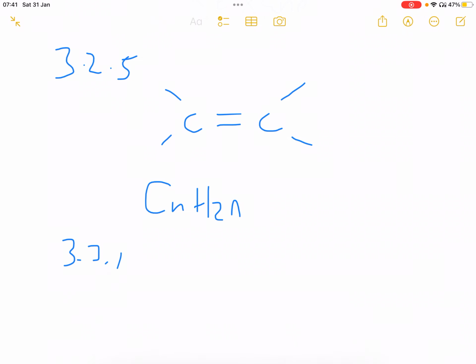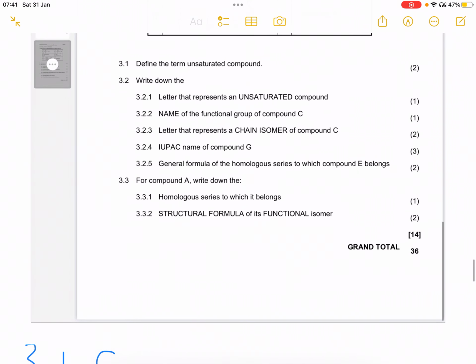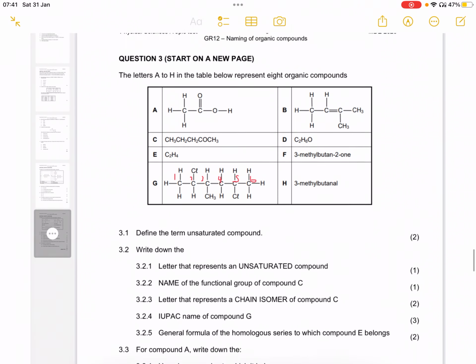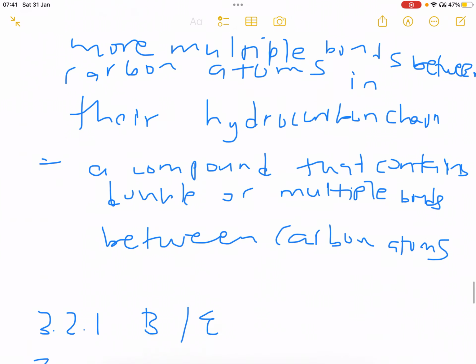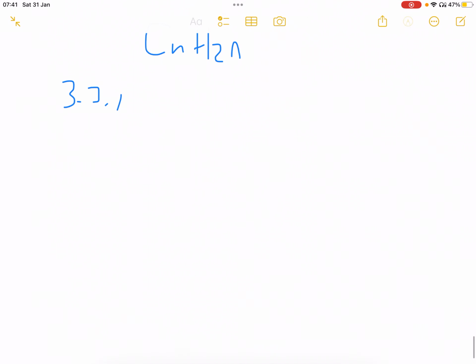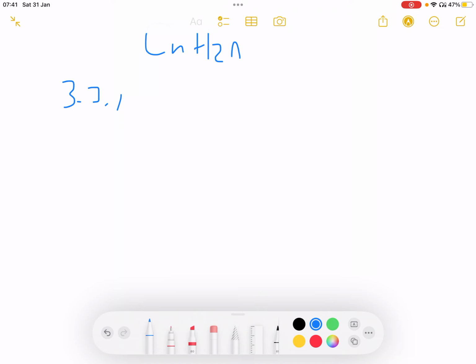3.3.1, compound A. The homologous series which compound A belongs to is a carboxylic acid. You see by the C double bond OH.